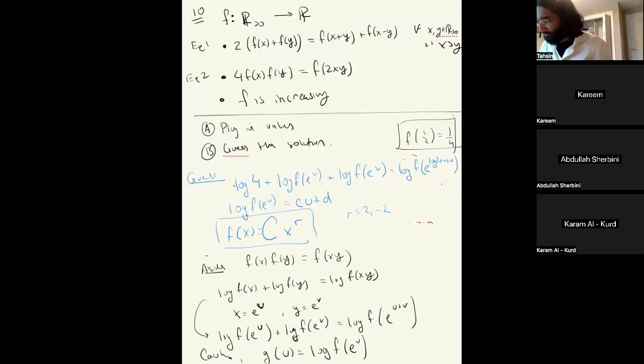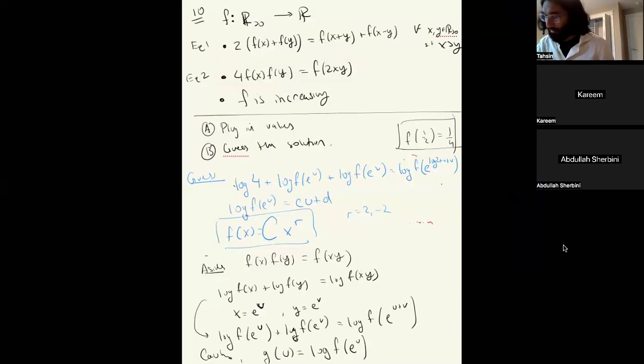Yeah, I guess you can. One thing you can do, you can just plug it into this equation. What do we get if we do that? So from equation 2, maybe we can just solve. From equation 2 we get 4 times c squared times x to the r y to the r equals c times 2 to the r x to the r y to the r.